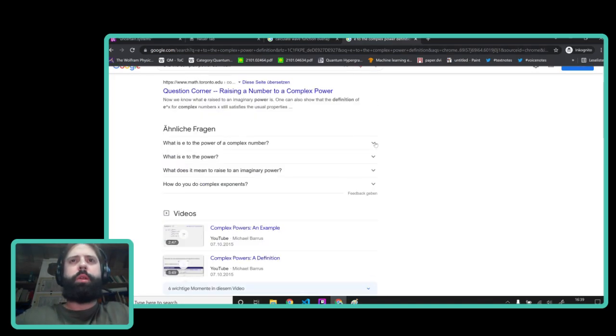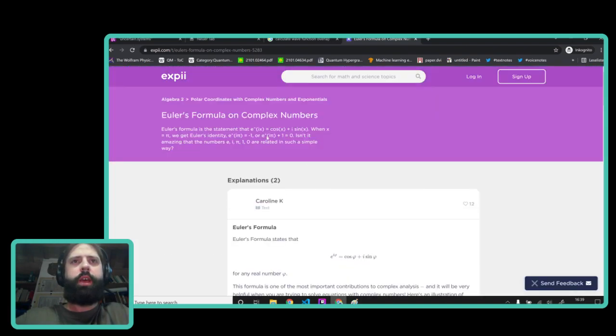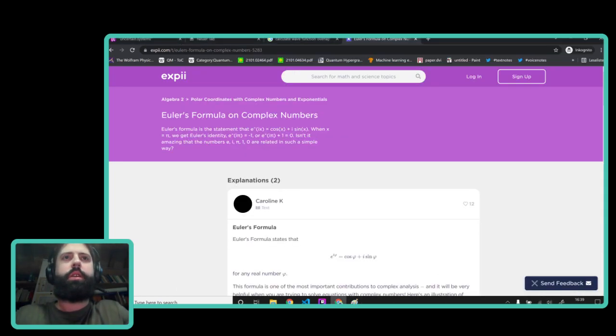E to the power of a complex number. Yeah, there you go. It's cosine plus i times the sine. So yeah, I think that is enough to answer the question, right? Because we know these components have that kind of thing.